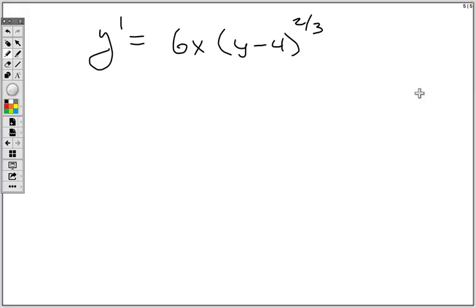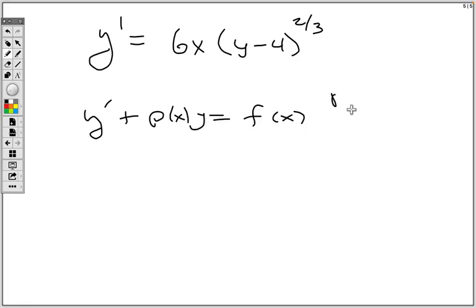Well, to be linear in y, we would need to be able to write it in the form y prime plus p of x y equals f of x. And the challenge is that this y is inside this radical here. So it's actually not linear in y.